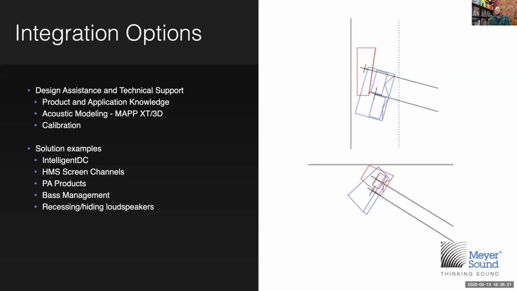All right, so yeah, the last point on this slide was just we offer different levels of help for recessing or hiding loudspeakers as well, ranging all the way from just general advice of, hey, don't do that, that's not going to do what you think it's going to do, all the way to fabric testing for acoustically transparent fabric.